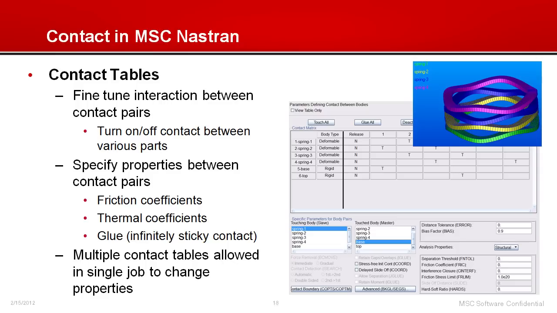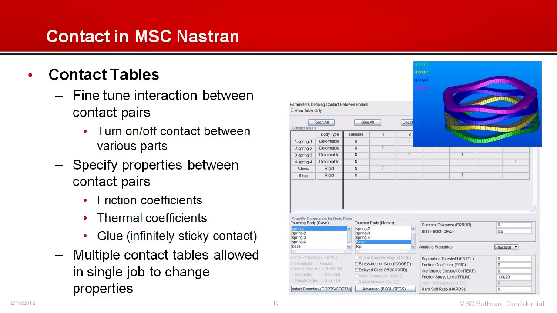Okay, and for each contact interaction, we have all the options here to specify how or when the contact will take place. Okay, how far the nodes have to be from the next contact body before they come into contact, as well as we can specify what the friction coefficient is.